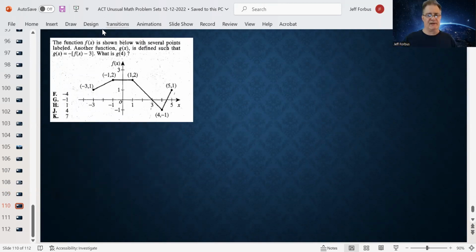Okay, we've got an interesting graph. It says the function f is shown below with several points. Another function, g of x, is defined such that g of x is equal to negative f of x minus 3.